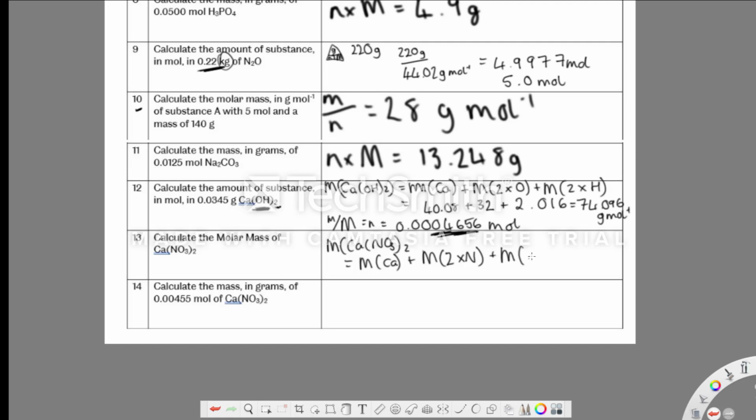So we need the molar mass of 6, 2 times 3, times oxygen.